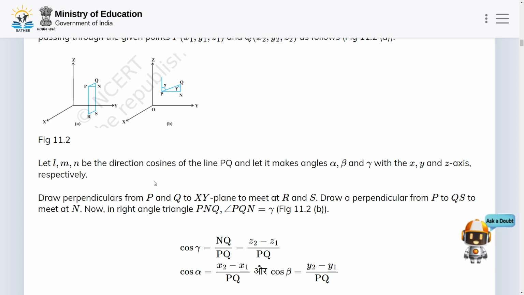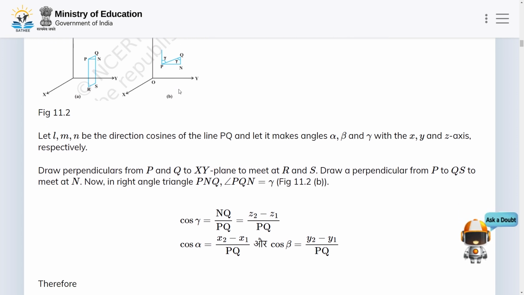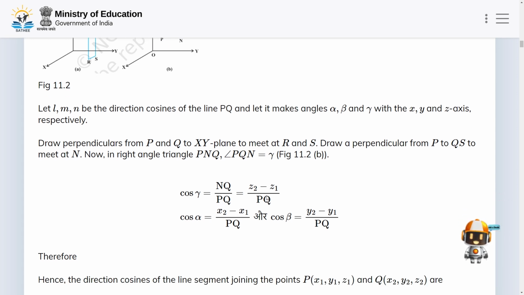Now in triangle PQN, the angle PQN will be your gamma. This means cos gamma will be what? Base, which is NQ, by hypotenuse, which is PQ. So base NQ divided by PQ is equal to z2 minus z1 divided by PQ.